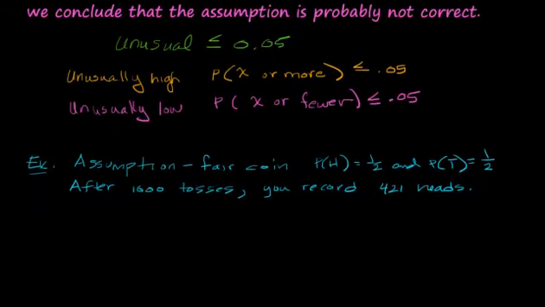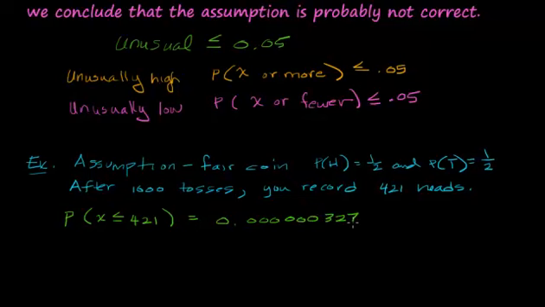Now I have calculated that probability. So the probability that X is less than or equal to 421, okay, X or fewer heads, that calculation comes out to be 0.000000327.